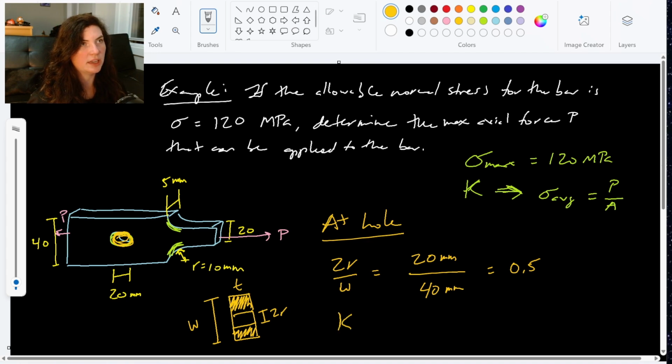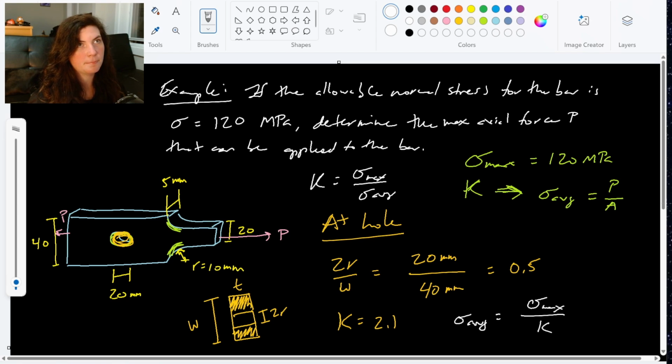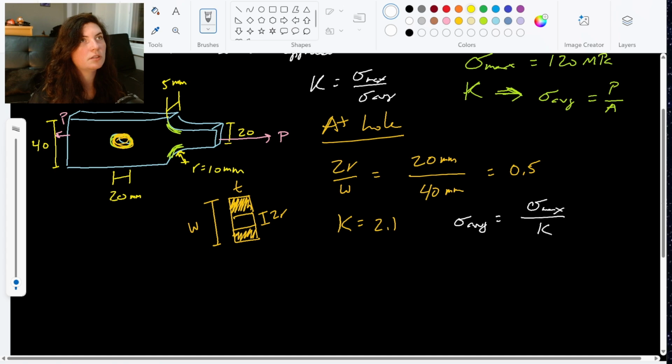Okay, what did I say that K was? That K was 2.1. Sigma max is 120. So we can use our equation that was given to us. K is our max stress over the average stress. So that tells us that our average stress is going to be the max stress divided by K. I'm going to plug in the values that we know.